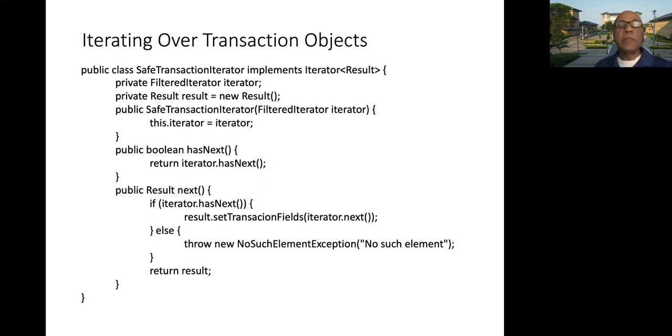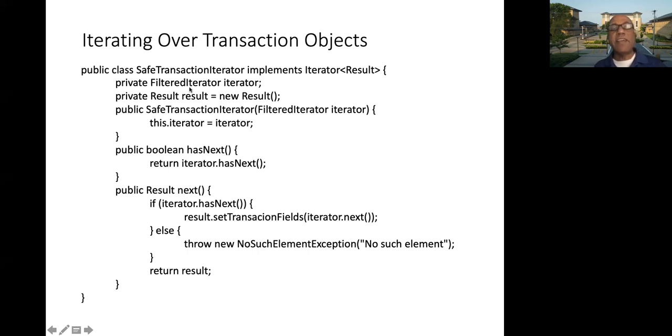And finally, what we want is not to expose even transactions. So we want an iterator that only supplies certain selected transactions, but we want copies of those transactions. So we want to build an iterator that is filtered as well as safe.